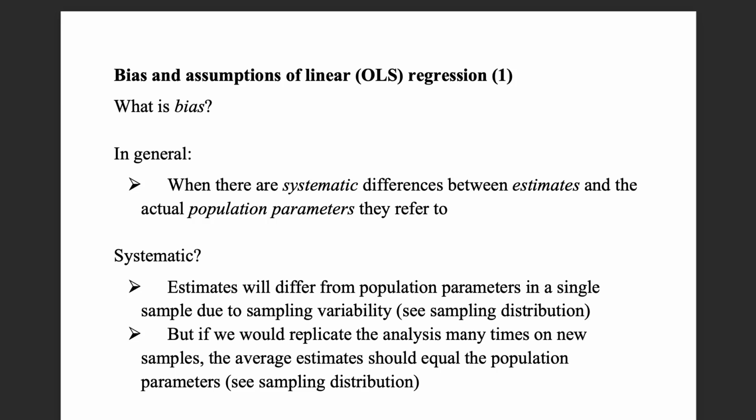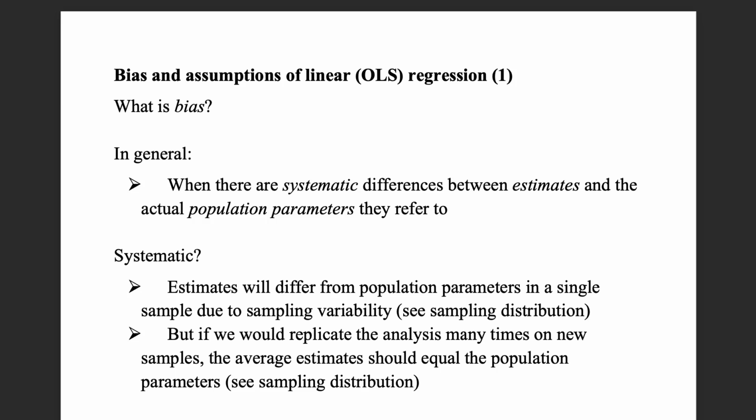What would happen in the long run if I would take all potential samples from a given population and each time do my statistical analysis? What would happen to the individual estimates? And what you want is a situation where the average of all those estimates is identical to the population parameter.